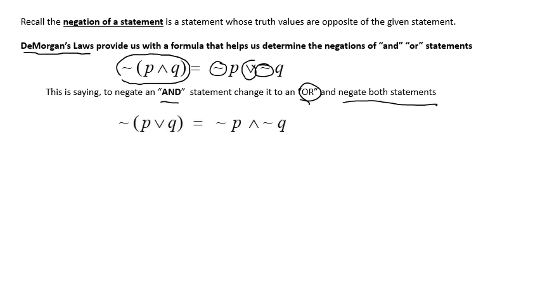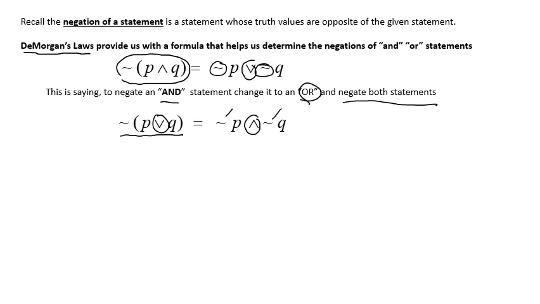Our second De Morgan's law tells us how we can negate an or statement. The negation of an or is equivalent to changing it to an and and negating the two statements. So if you look at both of these, to negate an and, we make it an or. To negate an or, we make it an and.